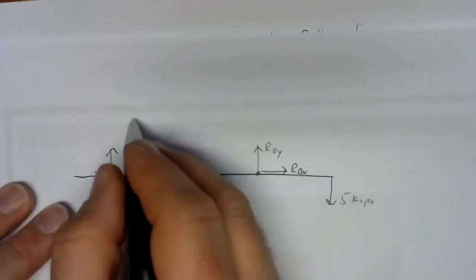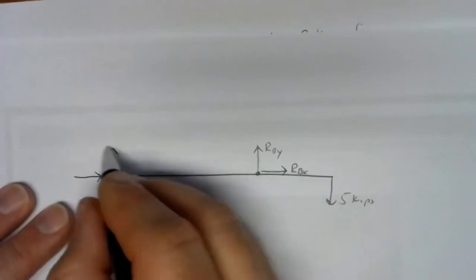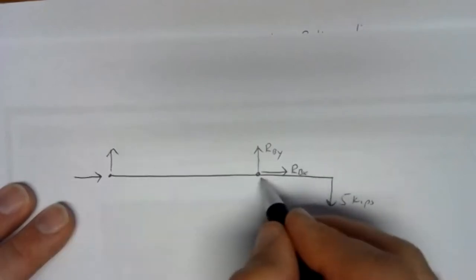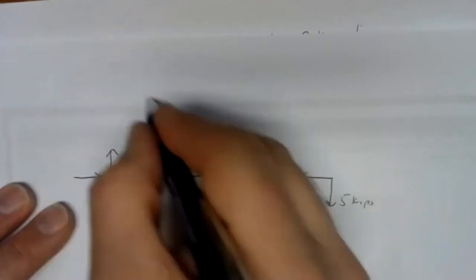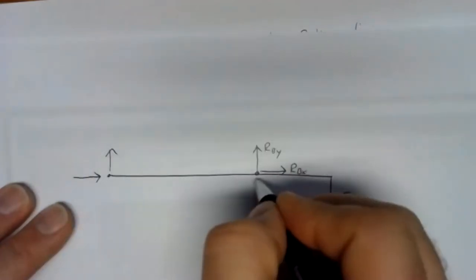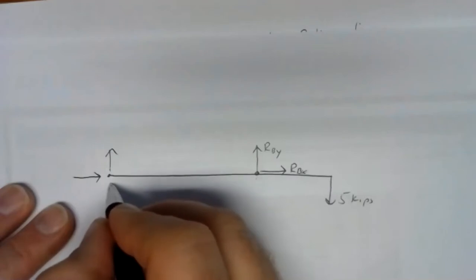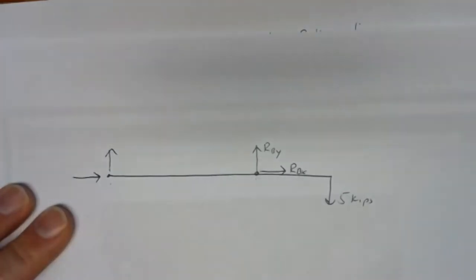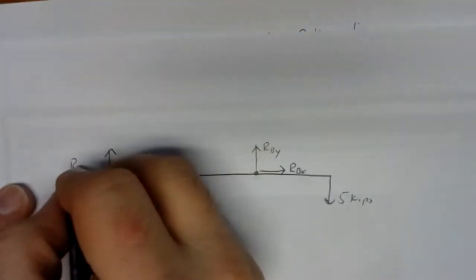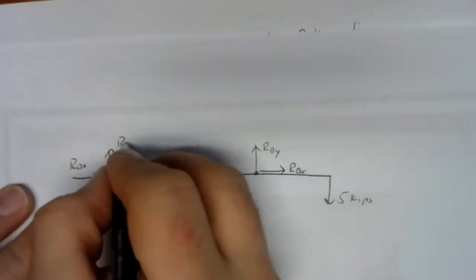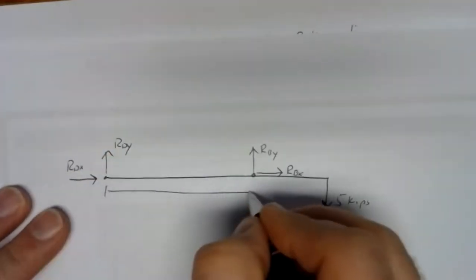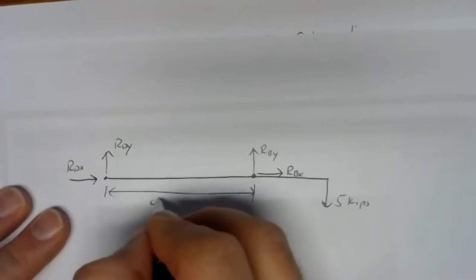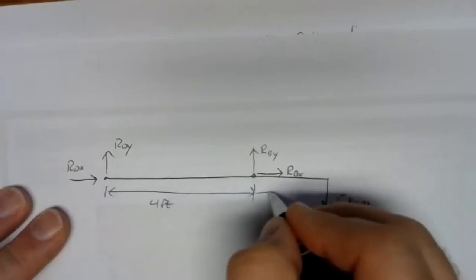B, you've got 2 free body diagrams that look at B differently. B on one member is equal and opposite B on the other, but D only ever shows up on one member, that horizontal member. So D isn't going to change. I've got RDX and RDY. And this was 4 feet and 2 feet.